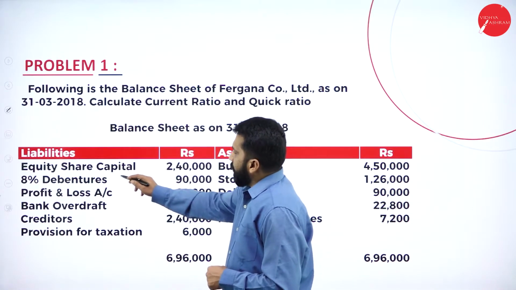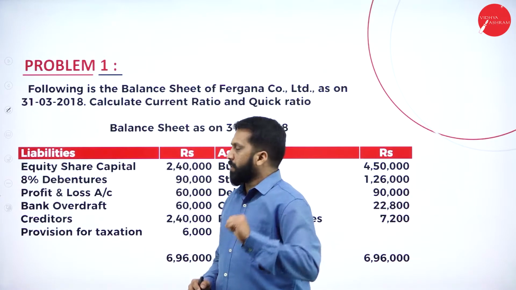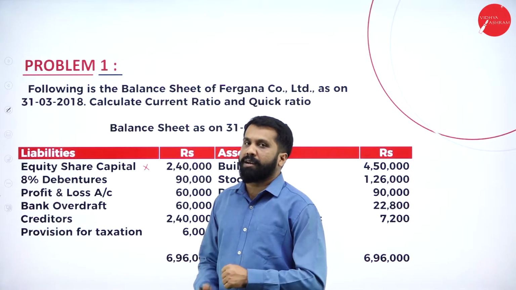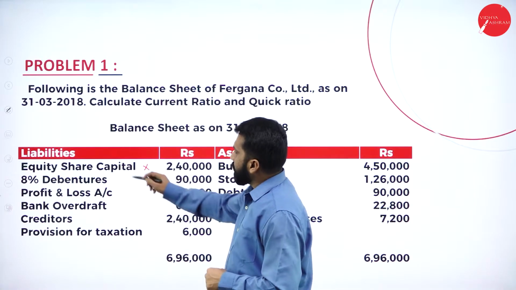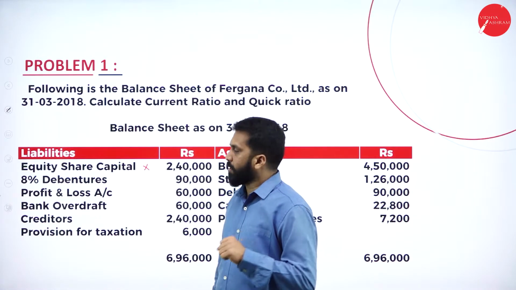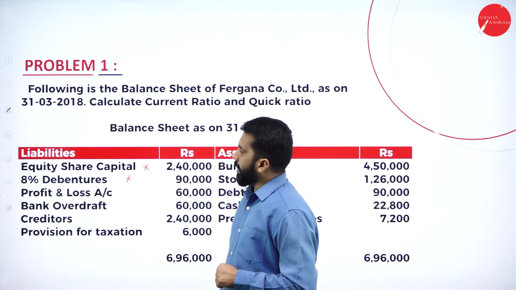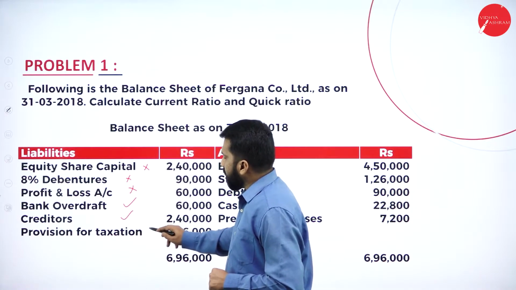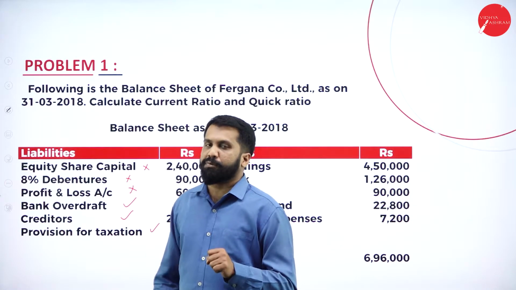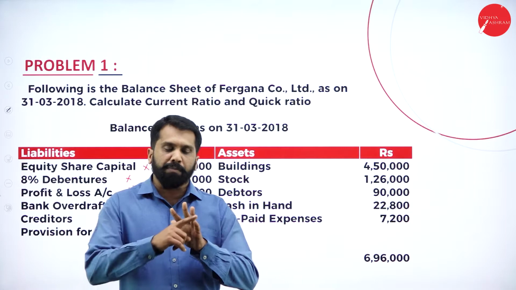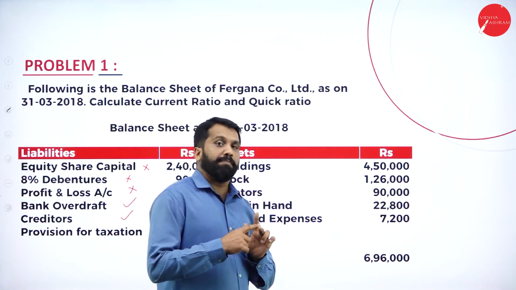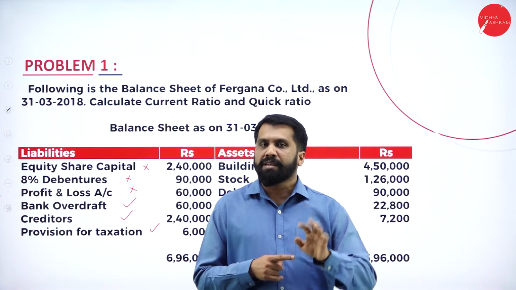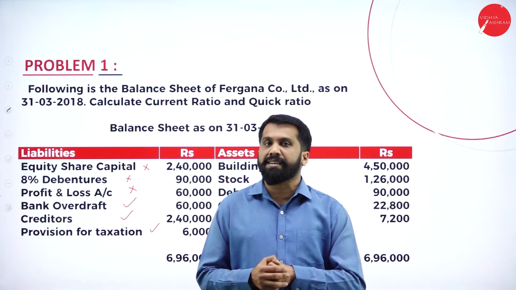Now, equity, no. Remember that these are called long-term or non-current liabilities: equity shareholders fund, debentures, P&L shareholders fund. As I told you, 5 things. Which are those? Remember your provisions, creditors, bills payable, bank overdraft and short-term loans. These are called your current liabilities.